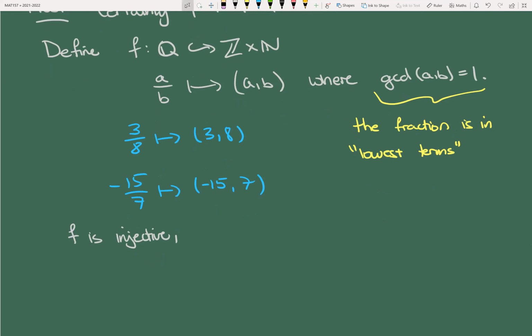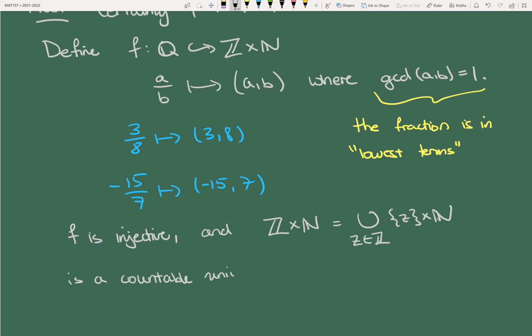And Z cross N is again countable, no problem. Z cross N is again a countable union of N's, a countable union of countable sets, and so is countable.